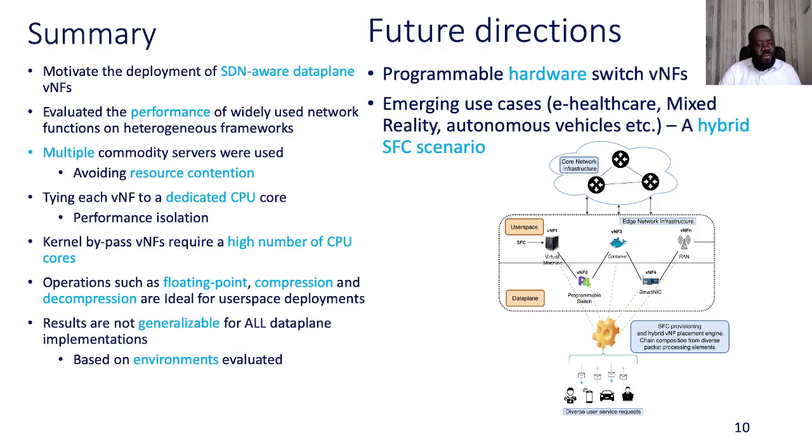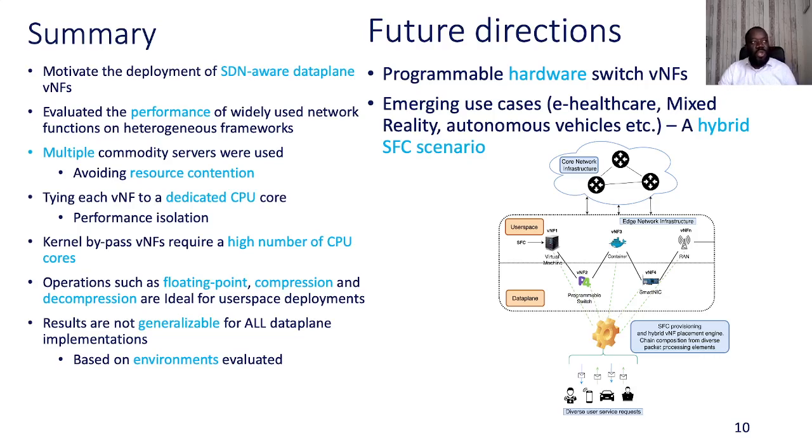And a high number of CPU cores are required for kernel bypass VNF implementations such as DPDK, because each VNF runs on a specified CPU core. So in terms of what NFs should be deployed where, we have some operations such as floating point compression and decompression, which would benefit immensely from user space deployments.